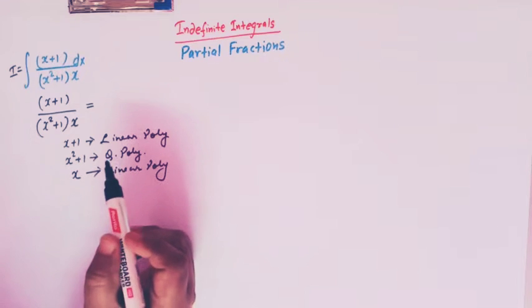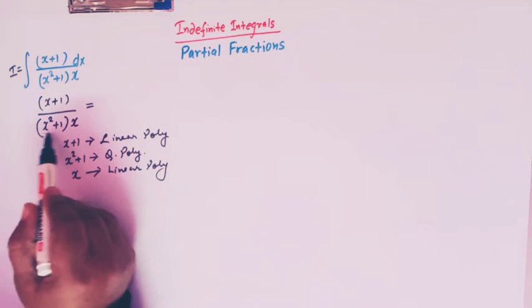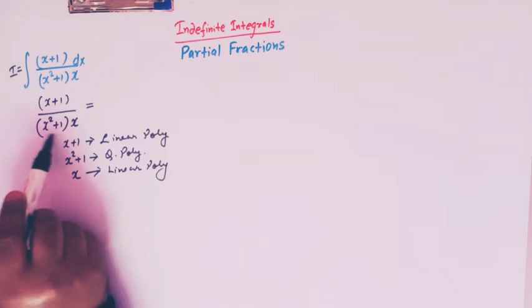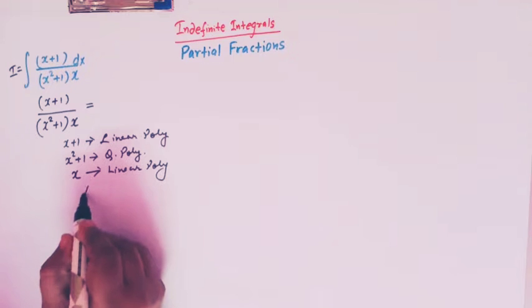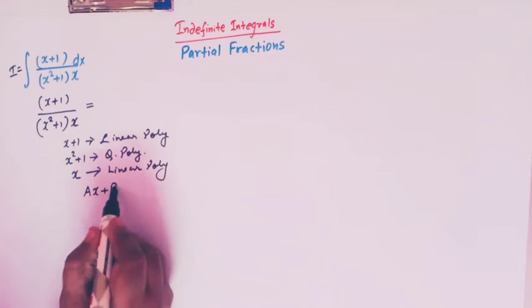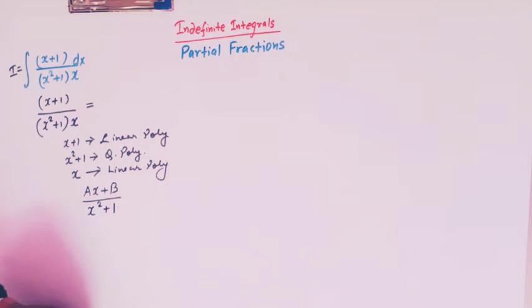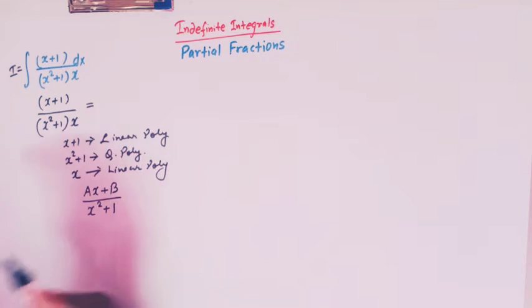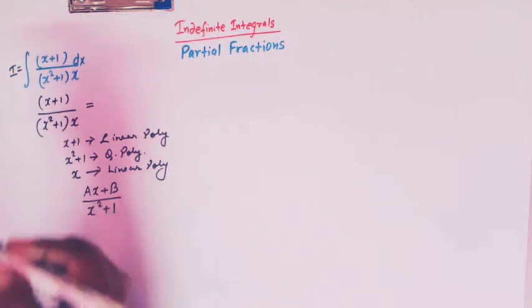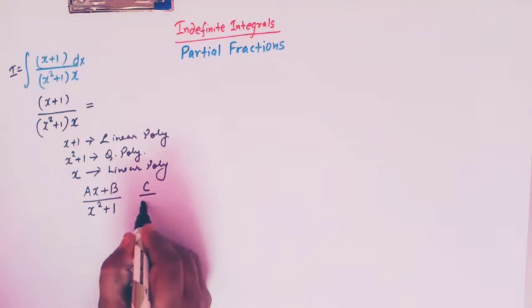So whenever we have a quadratic polynomial in the denominator, we assume a partial fraction of the type (ax plus b) over (x squared plus 1). And for the linear factor we have the partial fraction of the form c over x.